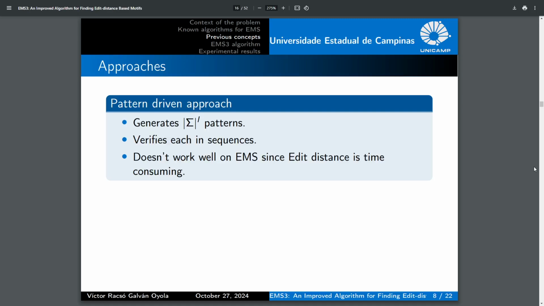Now we're going to use two approaches. The pattern-driven approach generates all the possible patterns given the length and the alphabet, and verifies each pattern in the sequences. It doesn't work well with the EMS because edit distance is time consuming, so generating all of them and testing all of them is going to be too slow.